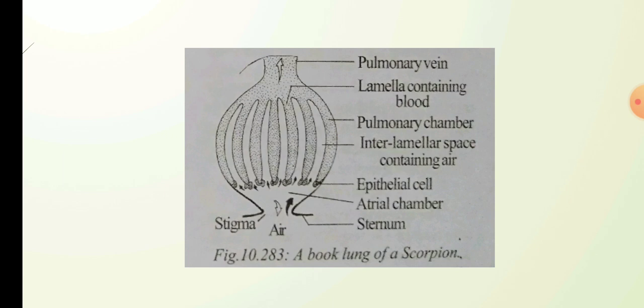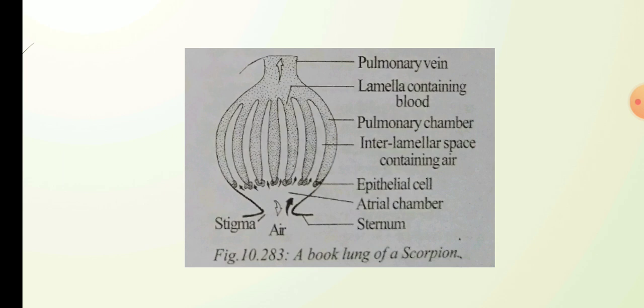That's why it is termed book lungs. There are around 150 lamellae, which are hollow and filled with blood.